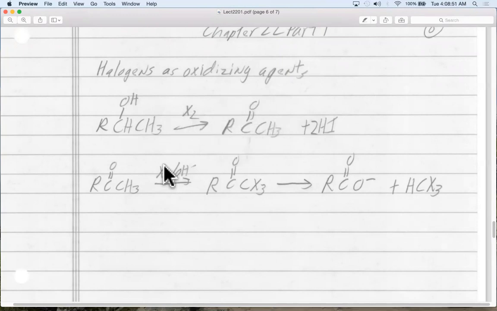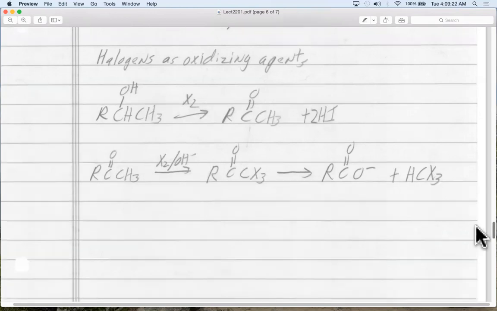And then the ketone continues to get reacted in an alpha substitution reaction. So not only is this reaction positive for ketones, it's positive for secondary alcohols. Notice the secondary alcohol gives the same reaction because it's first oxidized to the ketone, and then it can undergo whatever reaction that it undergoes.